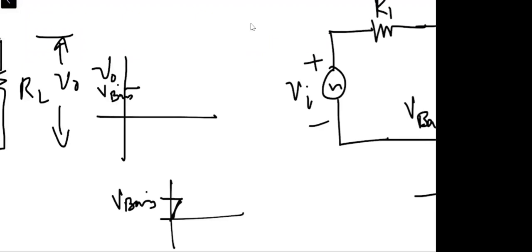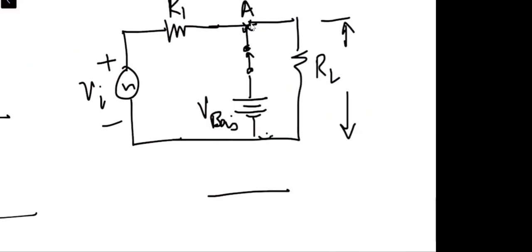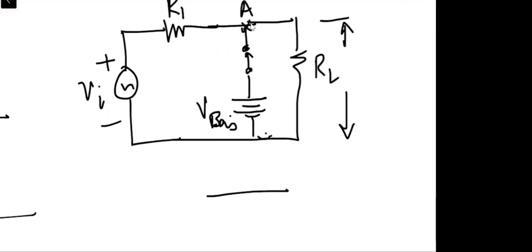When the input reaches a value equal to V bias, this means Vi reaches the value equal to V bias. At that very instant, when the potential at point A reaches a value equal to V bias, the diode will have a transition from the on state to the off state.